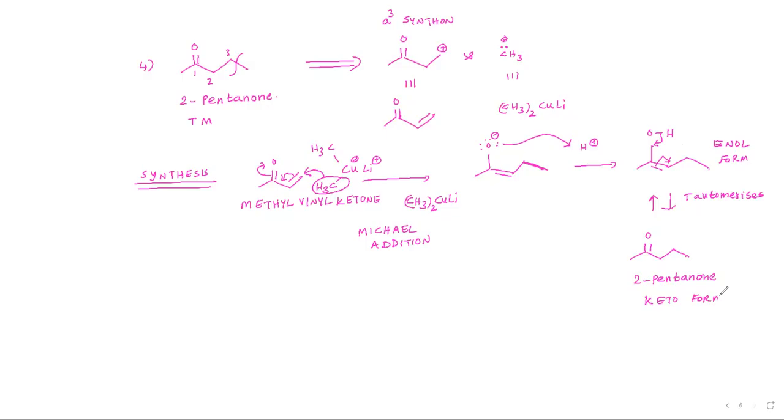So this is how you can synthesize this 2-pentanone in 4 different methods. Please enjoy the chemistry involved in this particular reaction. And after this, we'll go to another simple question.